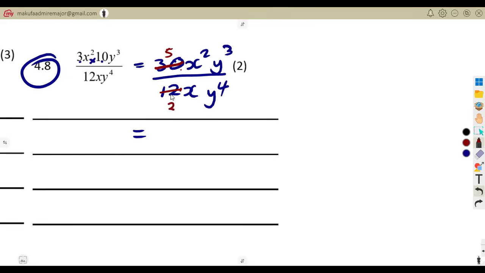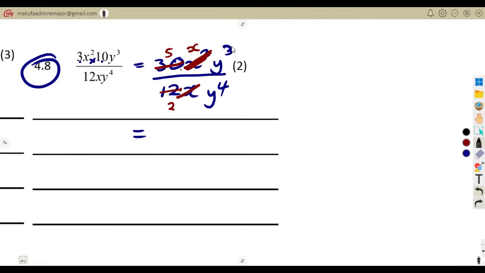So we can reduce this one by 6. Then in place of x, there is only one x here. Here there are 2 of them. So if we reduce, how many x's are we going to remain with on top? We are going to remain with 1x. For the y, we have these ones which are 3 and these ones which are 4.